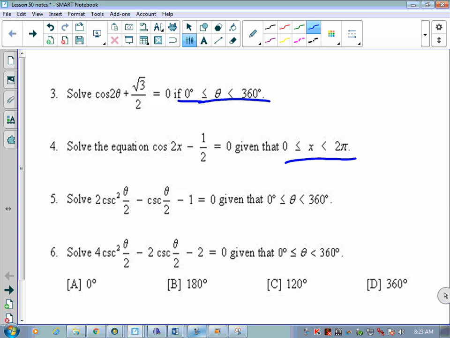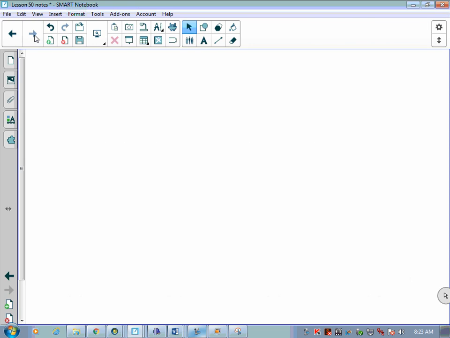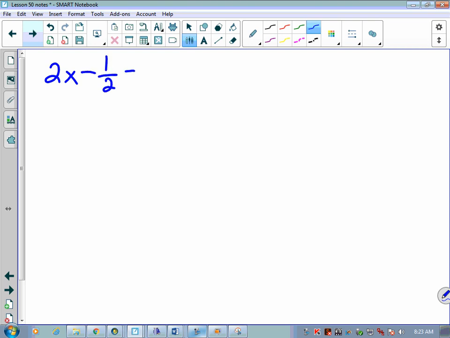Let's take this. I think the best thing for you to do today is at least write these down. As I write them down, you're getting to practice. With this one we have cosine 2x minus 1/2 equals 0. You're going to see a repetition of steps.